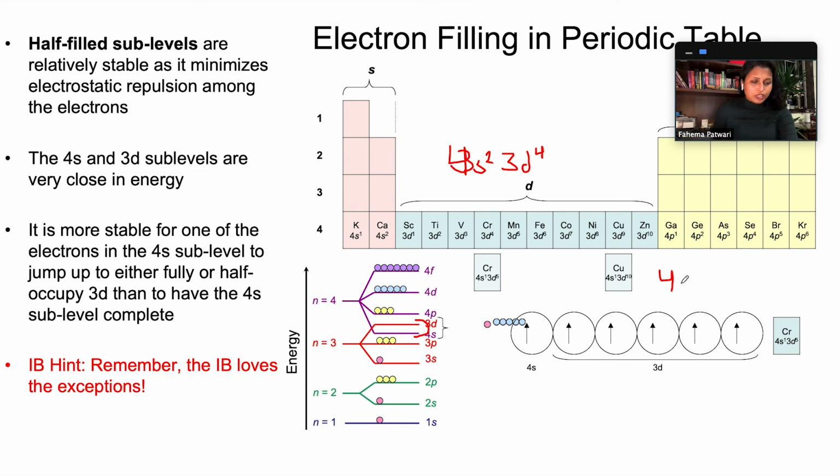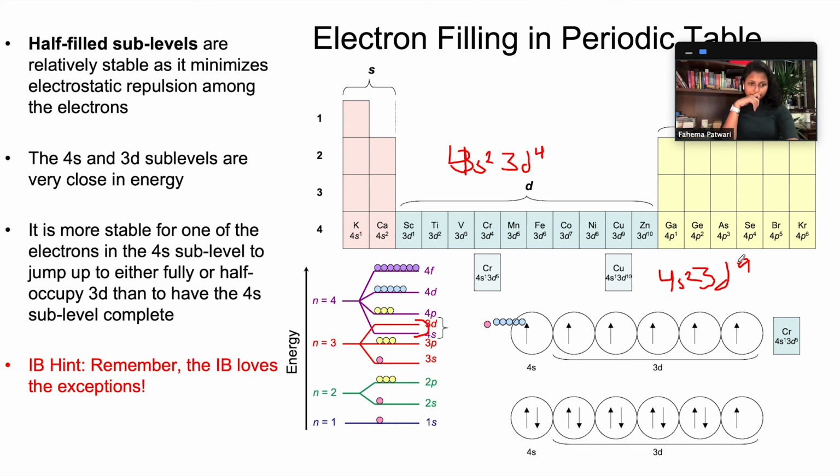Copper is 4s2, 3d9. 3d is one electron away from being completely full, which is very stable. So it snatches one and takes it away. Now you have a full 3d sublevel and a half full 4s.